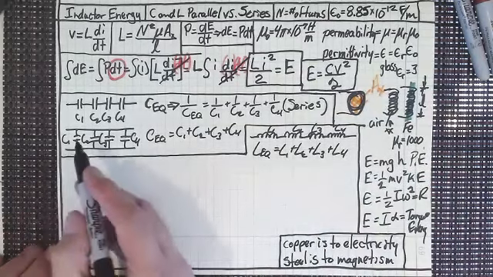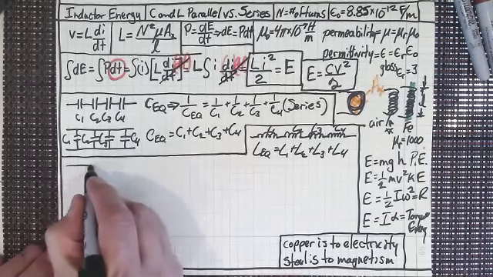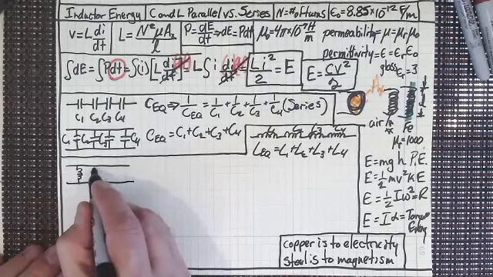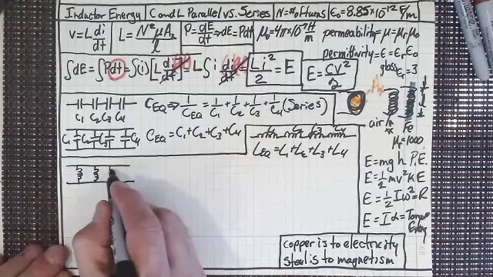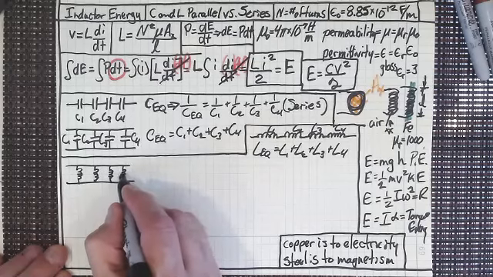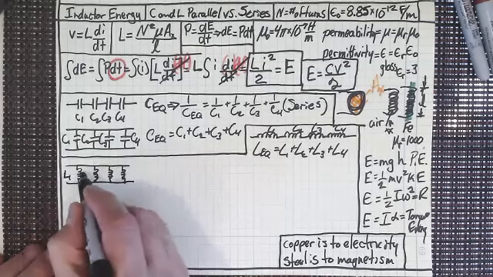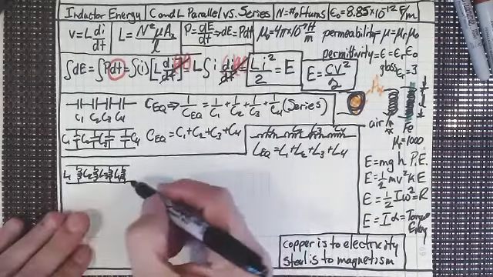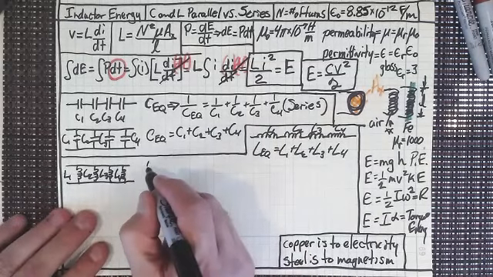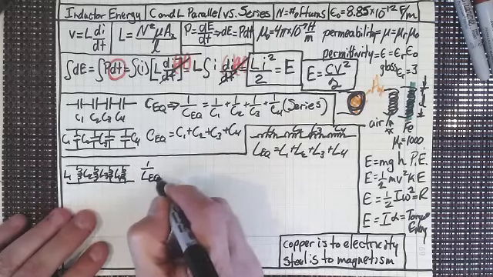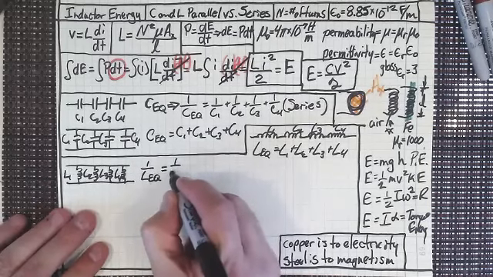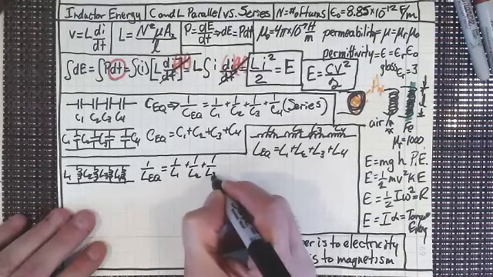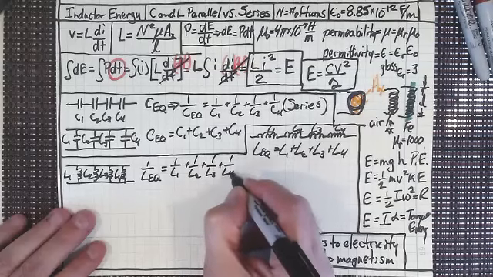And then the other one, if they were in parallel, and again, this is just L1, L2, L3, and L4. If I was to add these up, then 1 over L equivalent, just like resistors, is going to be 1 over L1 plus 1 over L2 plus 1 over L3 plus 1 over L4.